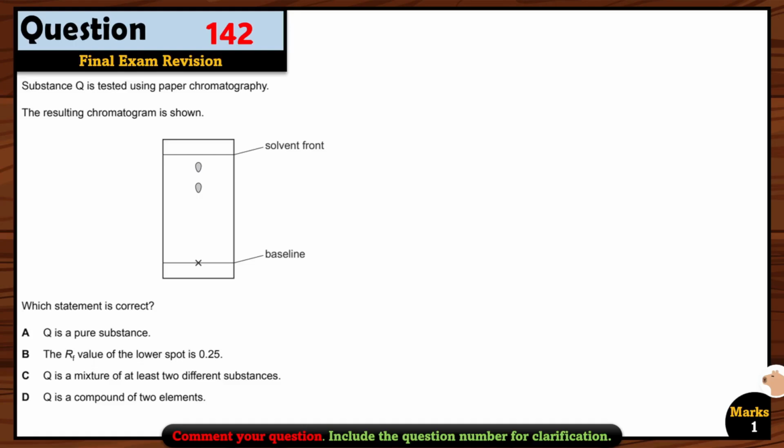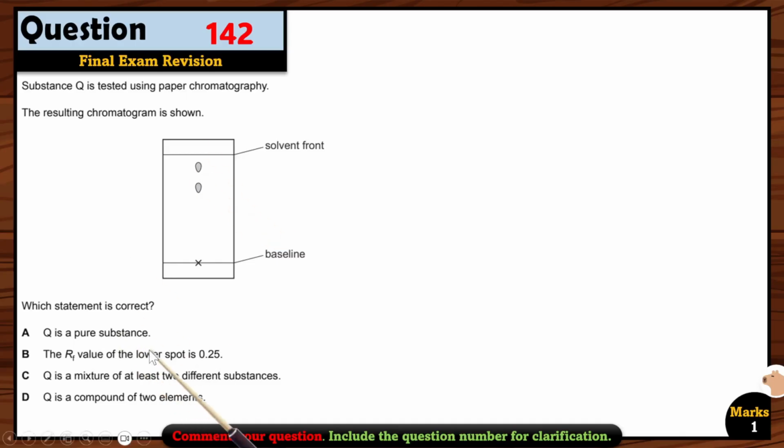So if you see over here, Q is a pure substance, why is that option not right? It's wrong, because we can see two spots over here. X was our Q, the substance Q. Now it is giving you two spots. It means it is a mixture of at least two elements. So it is not a pure substance. A pure substance is not a mixture, it is only made up of one element. So that's why this option is wrong.